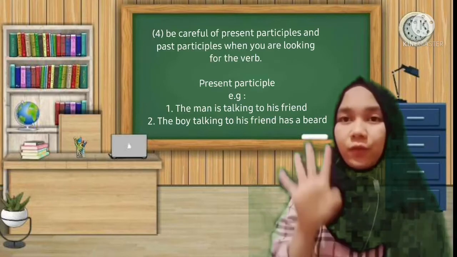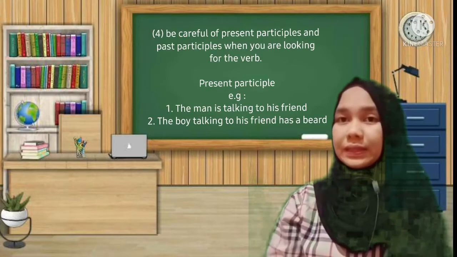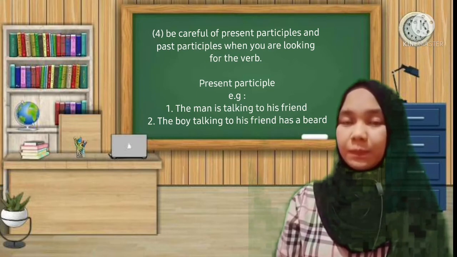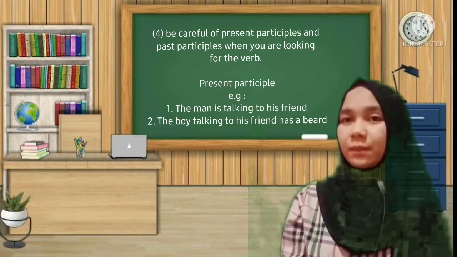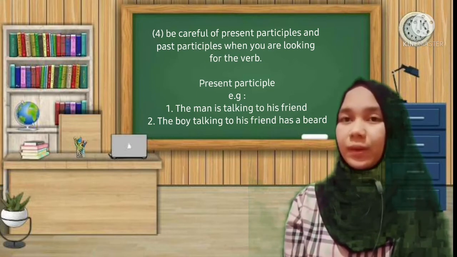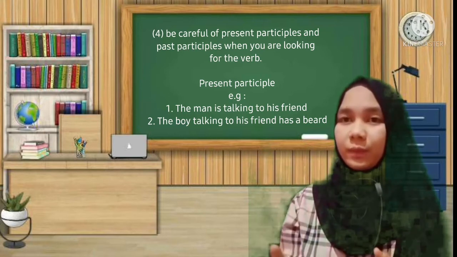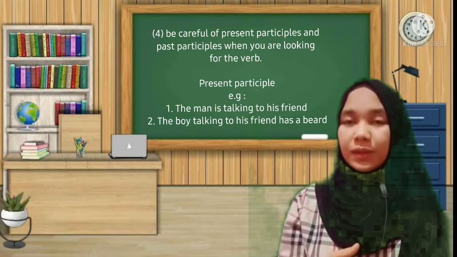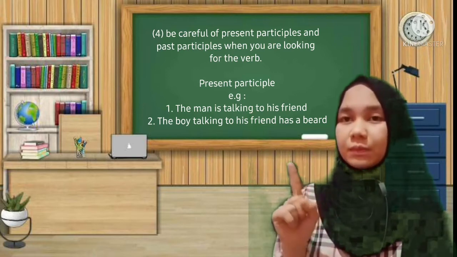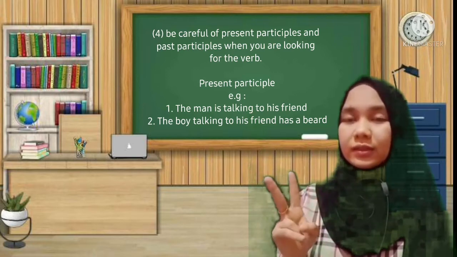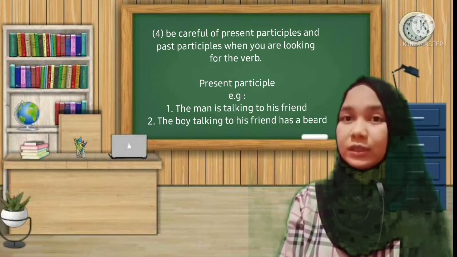Okay, the fourth is be careful of participle. The first is present participle. Present participle is the ing form of a verb. The present participle can be the verb, or it can be an adjective or gerund.